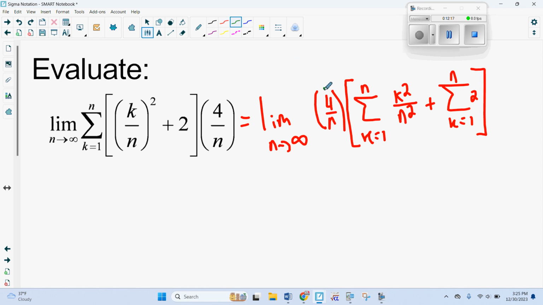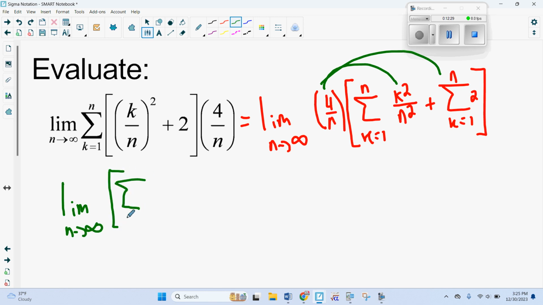I'm going to distribute this 4 over n back to both terms. So if I do that, I have the sigma of k equals 1 to n of 4k squared over n cubed plus sigma k equals 1 to n of 8 over n.